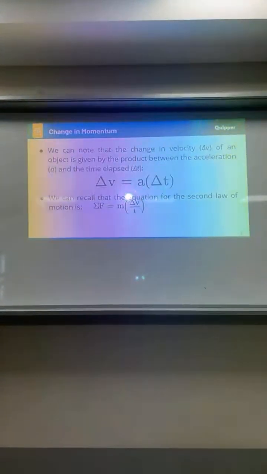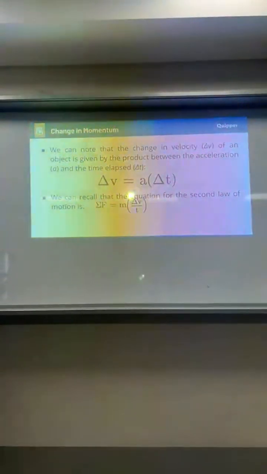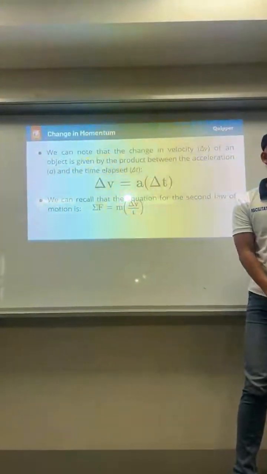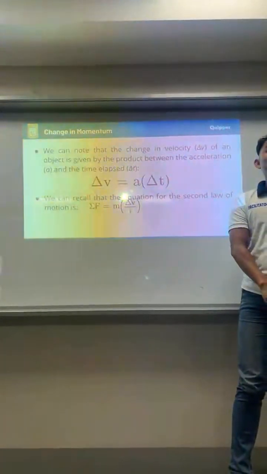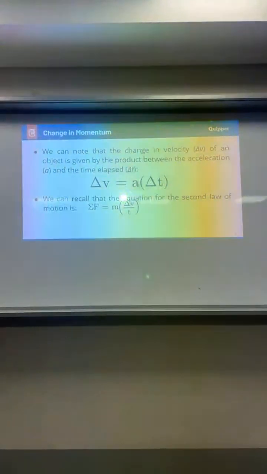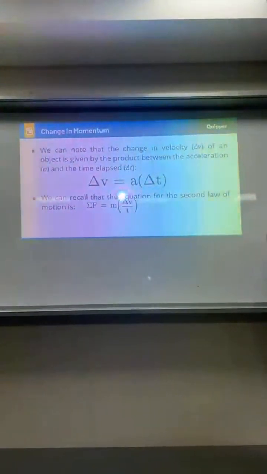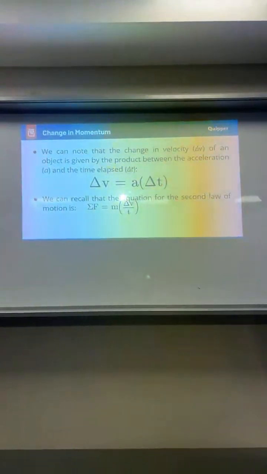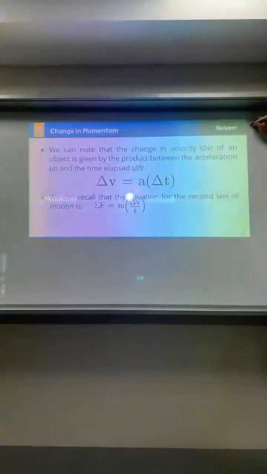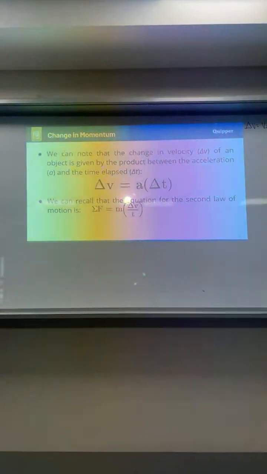Now, we have this change in momentum. Sir, impulse, change in momentum, what is the relation between the two? Impulse is the change in momentum. Now, we can note that the change of velocity is the difference between the final and initial velocity. Final velocity minus initial velocity.